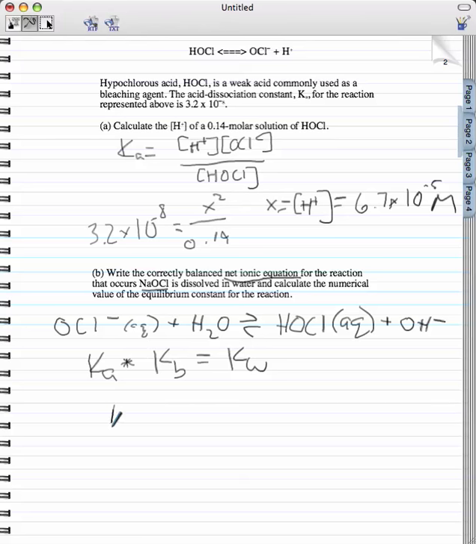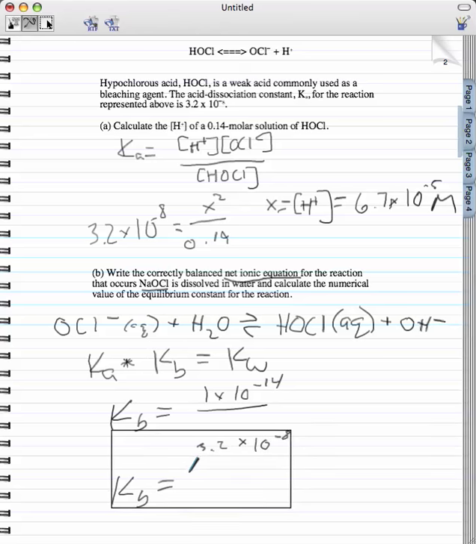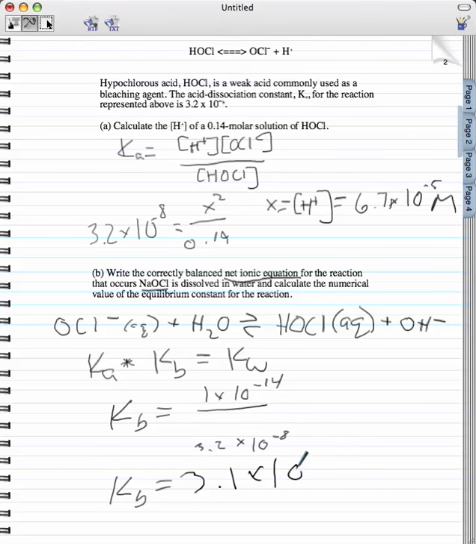Okay, and so if we do that, we can solve for our Kb, which is going to be Kw, 1 times 10 to the negative 14th, divided by our Ka, which we were given as the 3.2 times 10 to the negative 8. And so our Kb then is equal to 3.1 times 10 to the negative 7th.